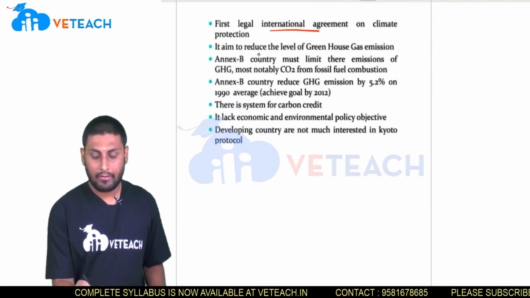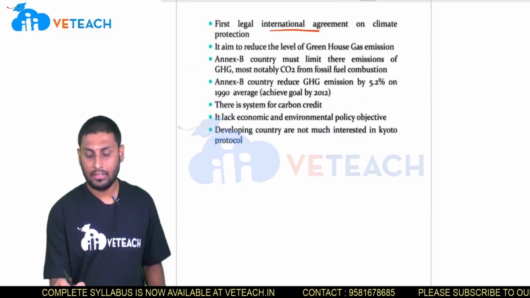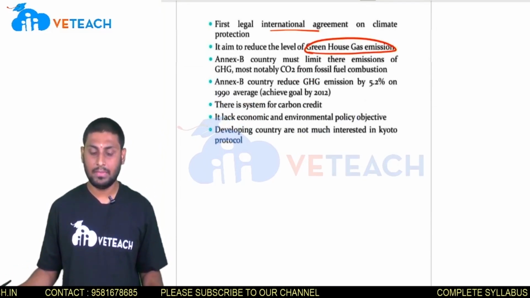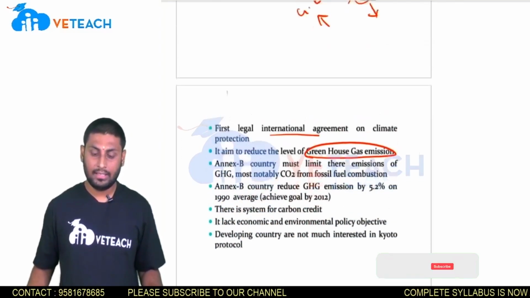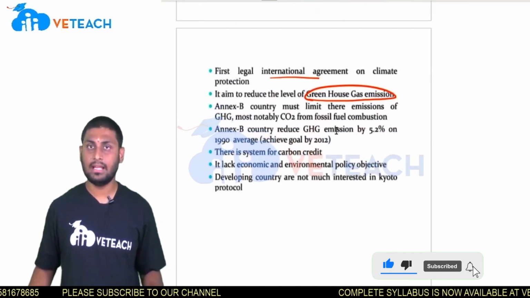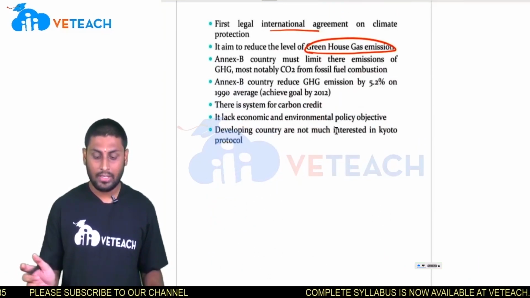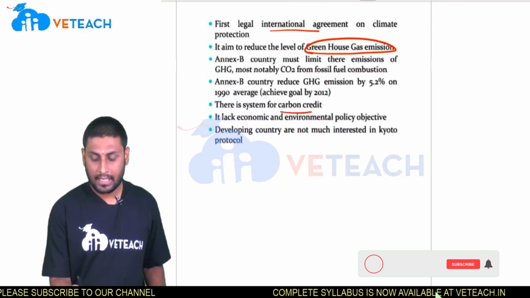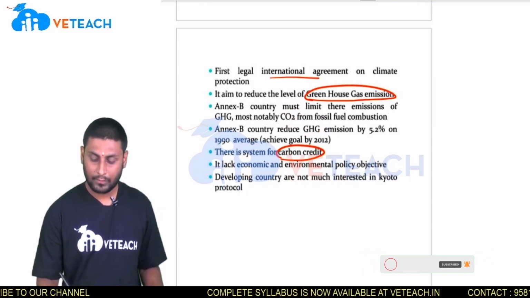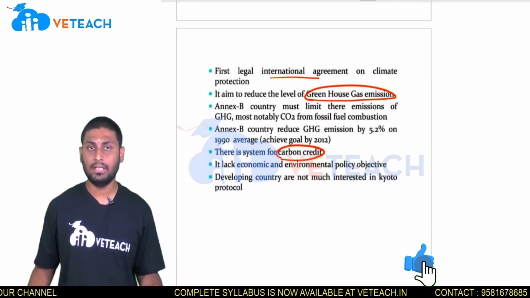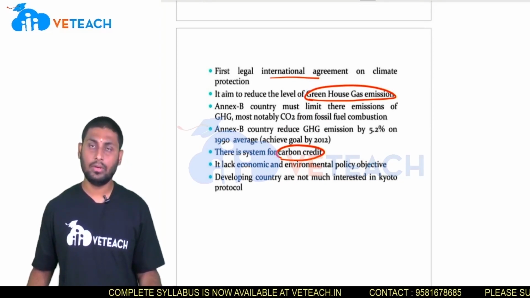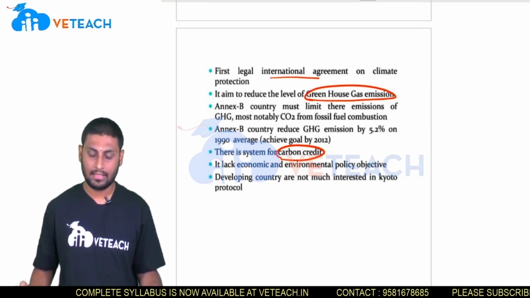Our main aim is to reduce greenhouse gas emissions. By reducing greenhouse gas emissions, we can increase energy resources for our future generation. Not only that, there is a system of carbon credit. Carbon credit is nothing but if you reduce greenhouse gases and global warming, the resources available to our country automatically increase.